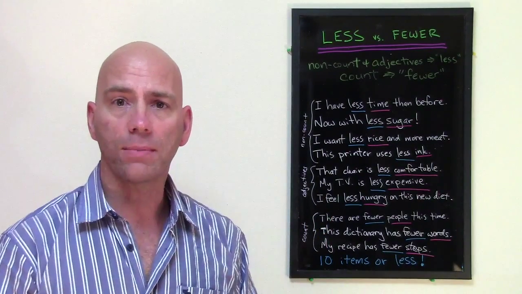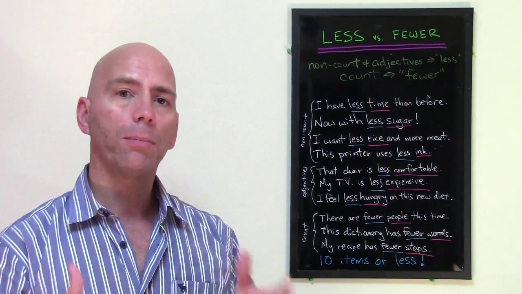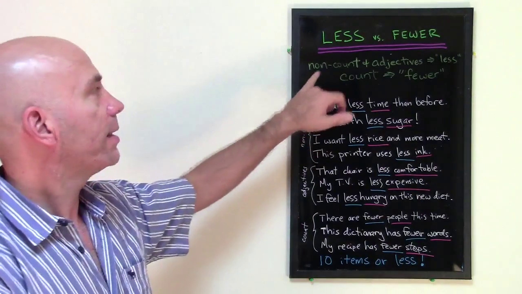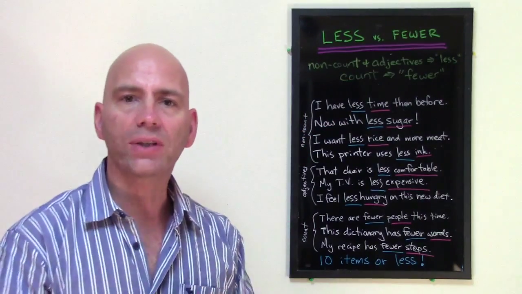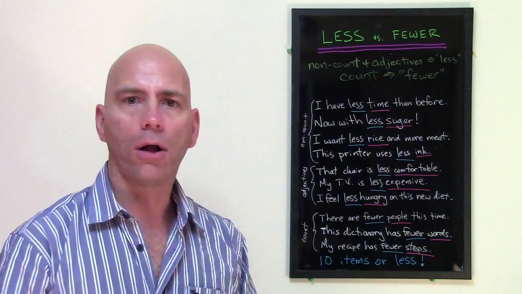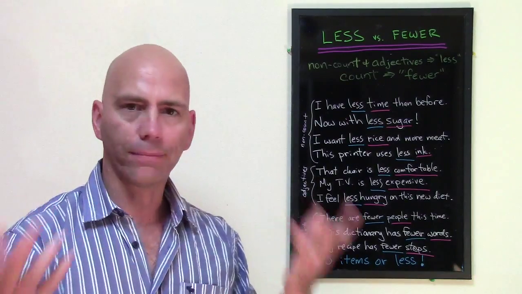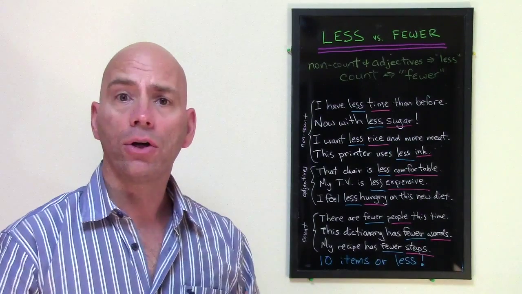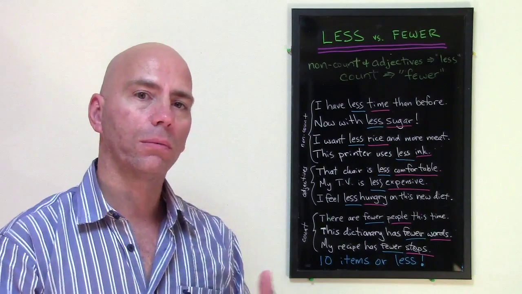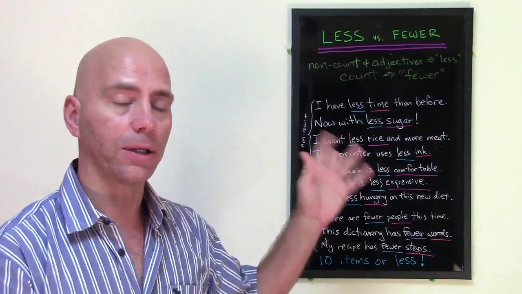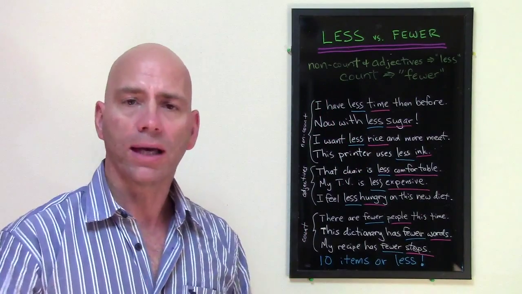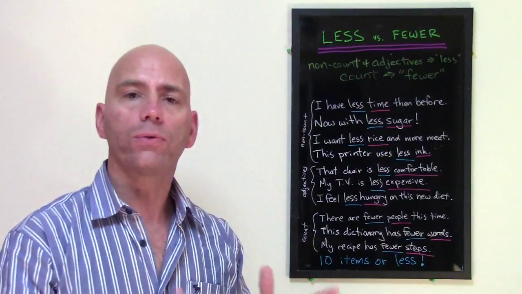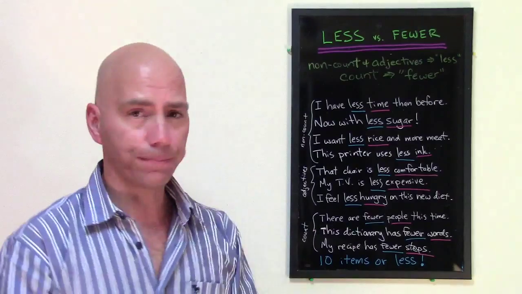It can be sometimes a little bit confusing, but the general rule is non-count, so things that you don't count, water, salt, air, metal, plastic, these things are not countable, so I'm calling them non-count here. Things that you don't count, and also adjectives, are used with the word less.